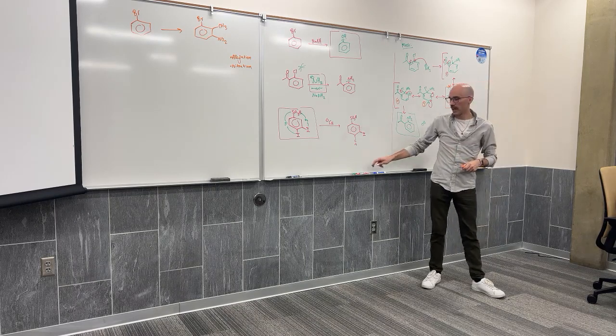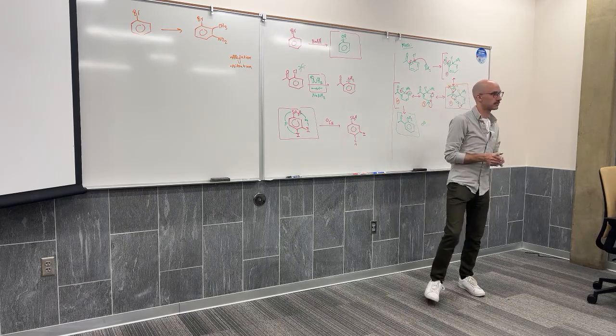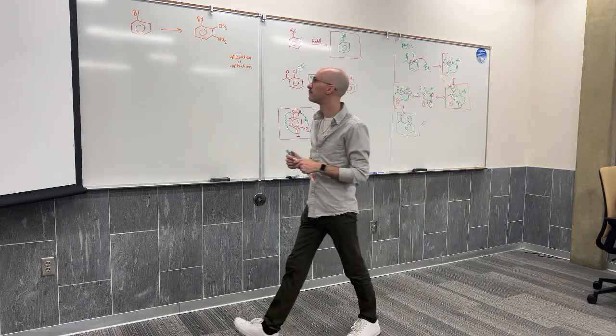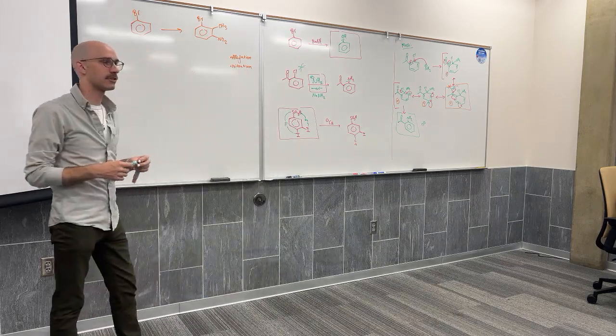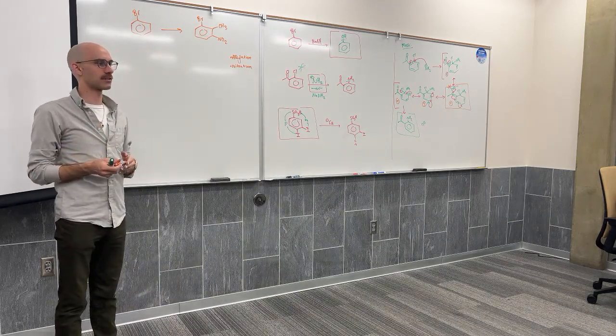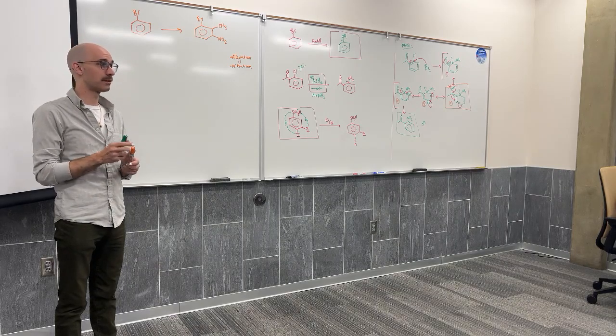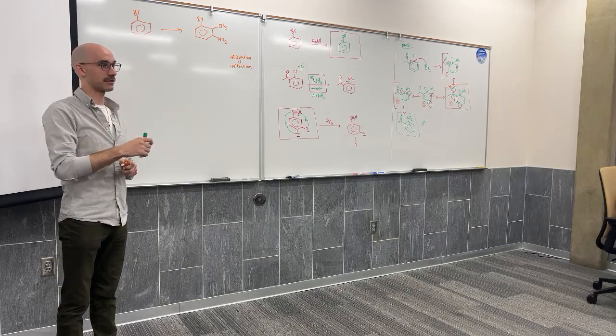Bromine is what type of substituent? It's a halogen. But on the ring, how does it change the chemistry of the ring? It's a leaving group in NAS reactions.